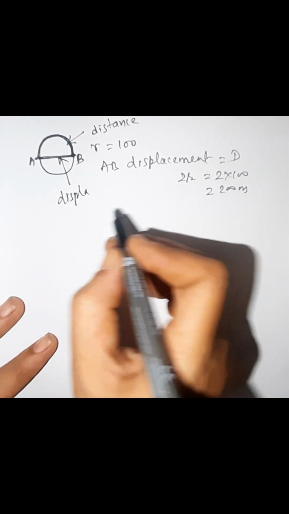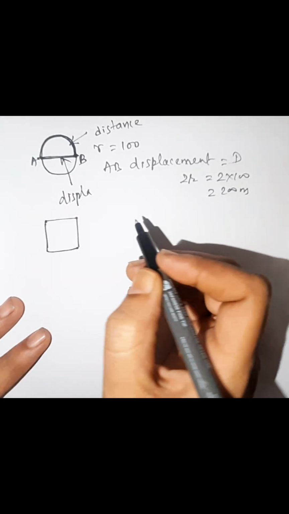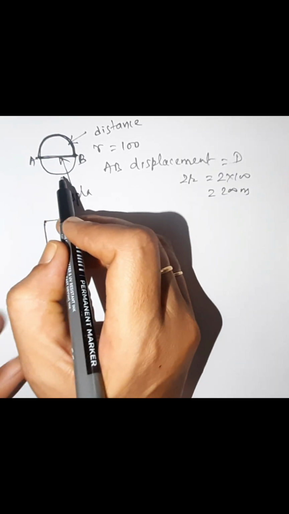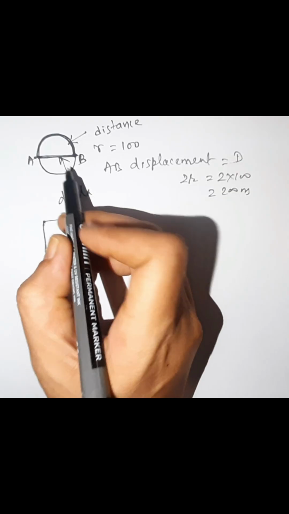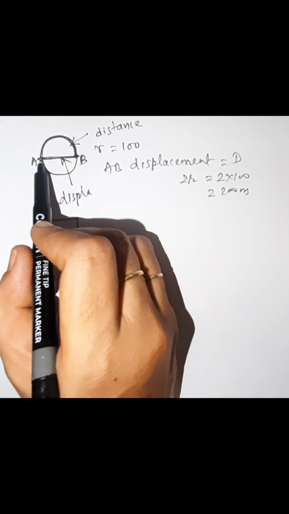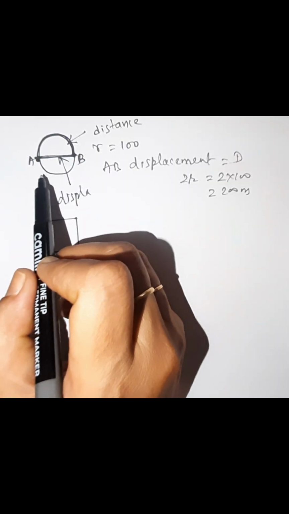Now, suppose a square is there, they can sometimes make a question like the person is revolving around or making 3 rounds, 4 rounds, what is the displacement? So whatever the number of rounds we make, if we come back to the same position, displacement will be 0. Only distance can be calculated in this sense.